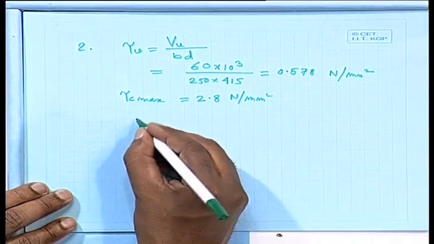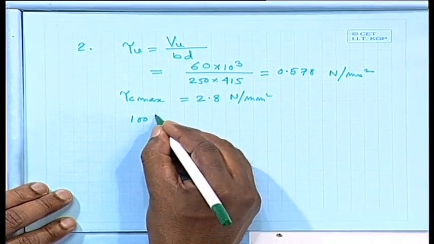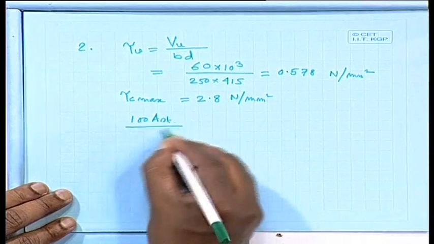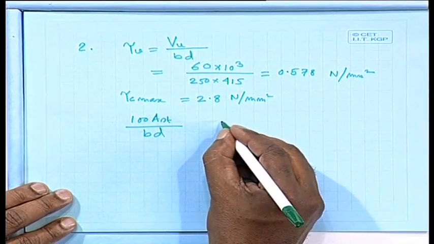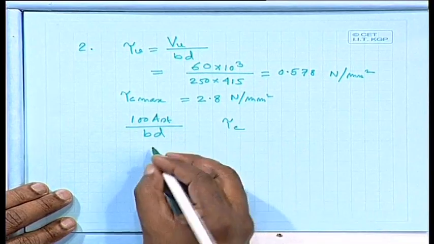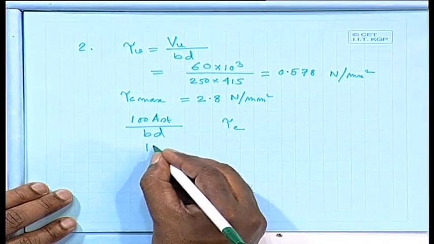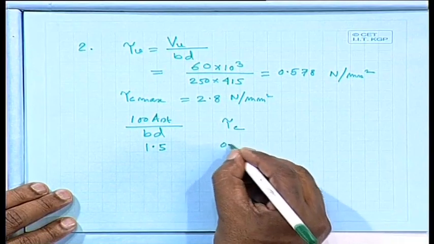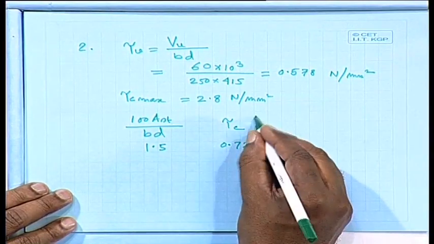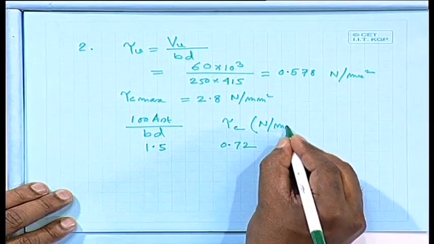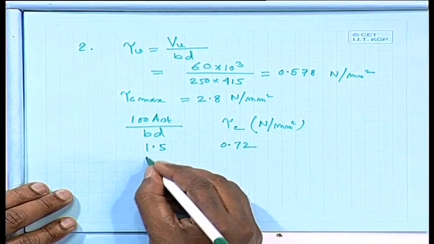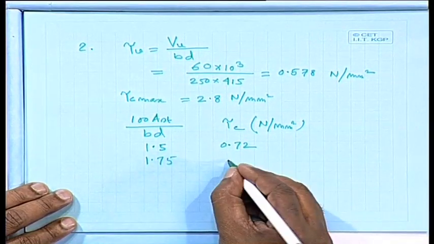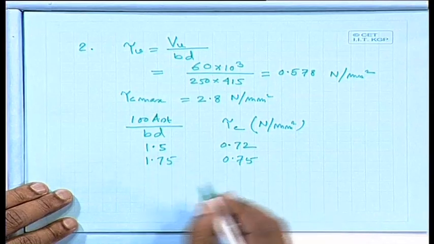From table 19 we shall get 100 AST by BD and tau C. For 1.5 we are getting 0.72, this is in Newton per square millimeter, and for 1.75, 0.75.